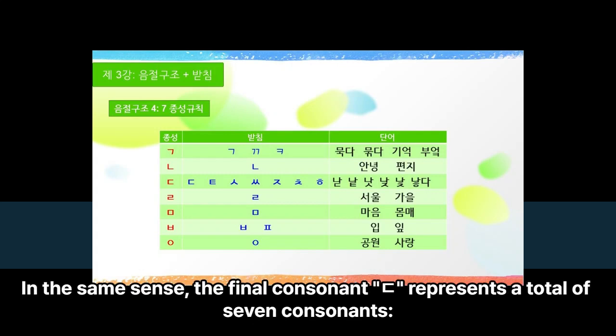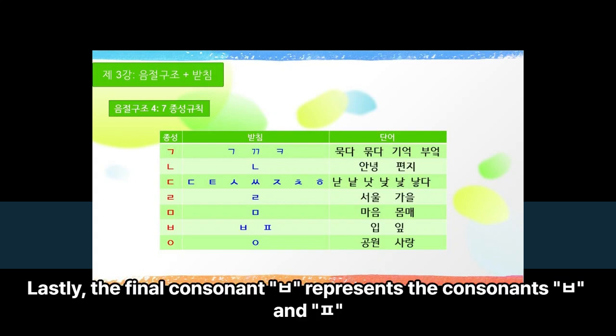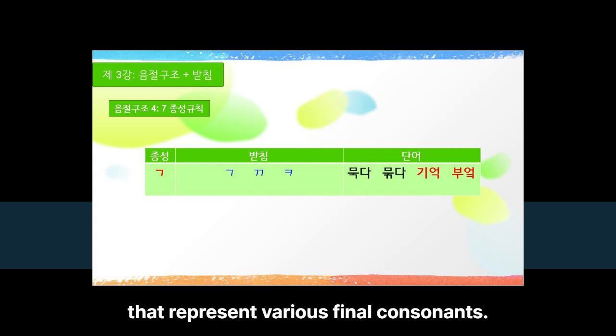In the same sense, the final consonant, digut, represents a total of 7 consonants, digut, tiyut, chiit, songshiet, jiyut, chiyut, and kiyut. Lastly, the final consonant, biyup, represents the consonants, biyup, and piyup. Now, let's take a closer look at the finals that represent various final consonants.